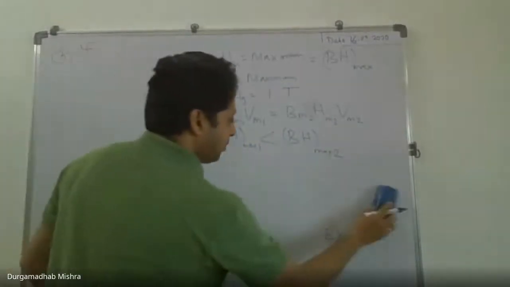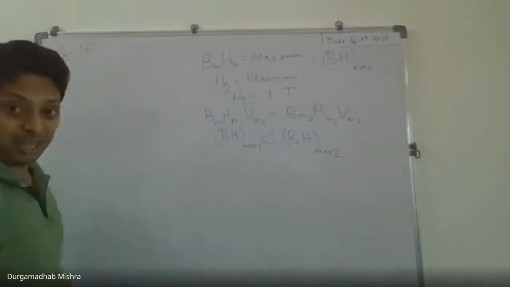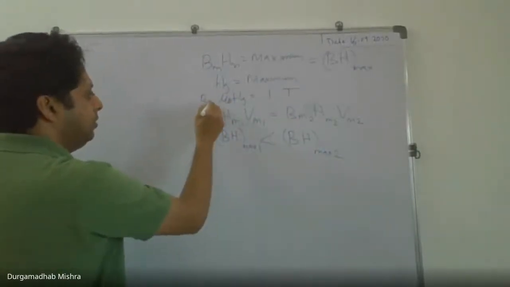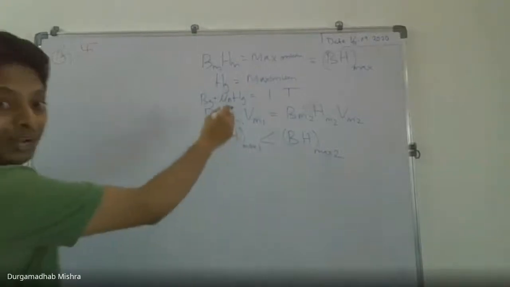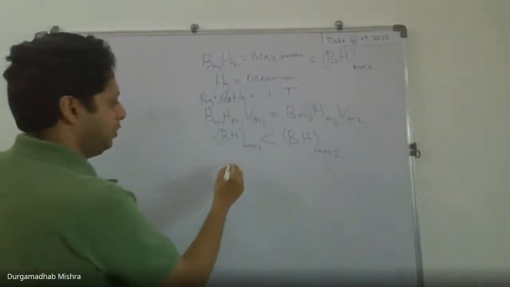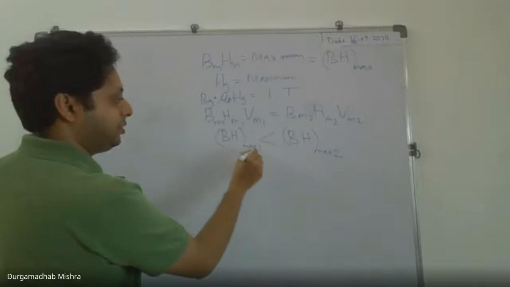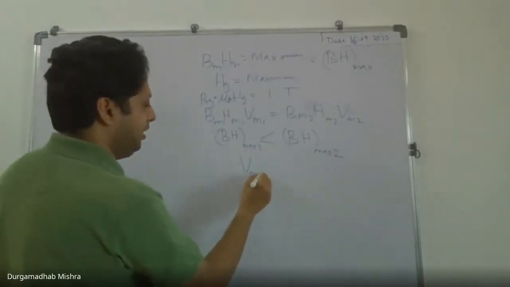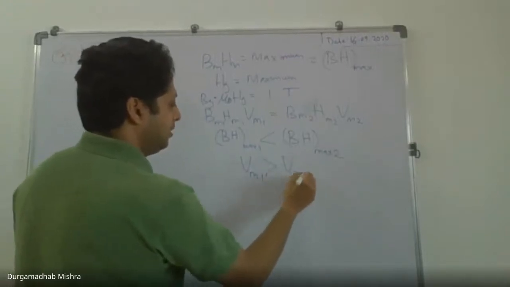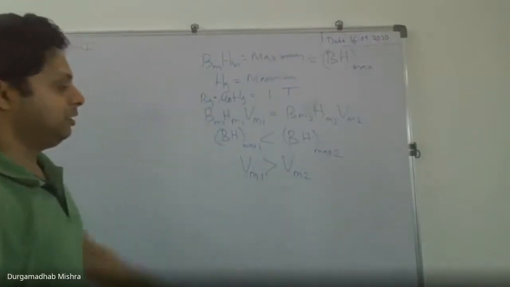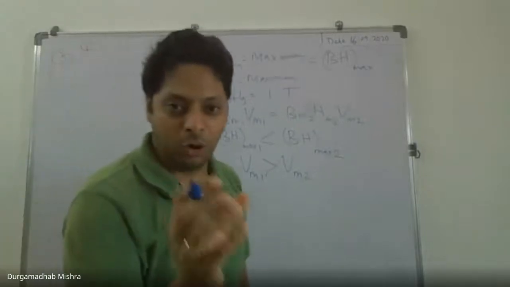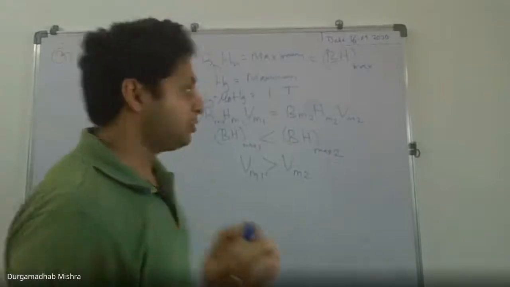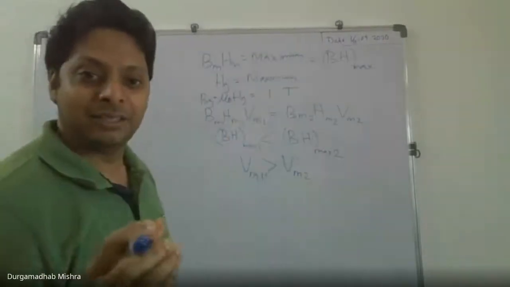That means if I want to produce a 1 Tesla field, where this is mu naught Hg, so Vg I want, then with the higher BH max material, Vm2 will be better than Vm1. If I take a small amount of material, I can produce a 1 Tesla field with that.